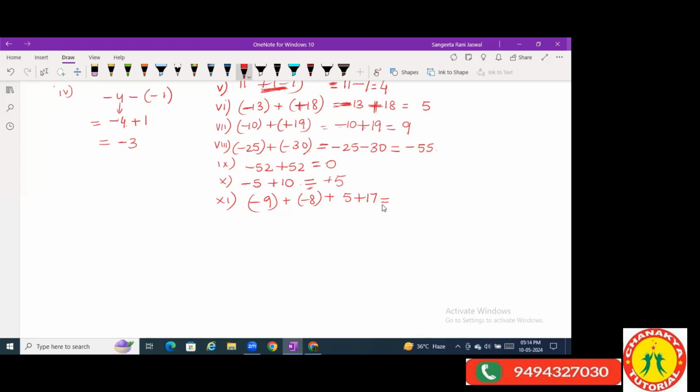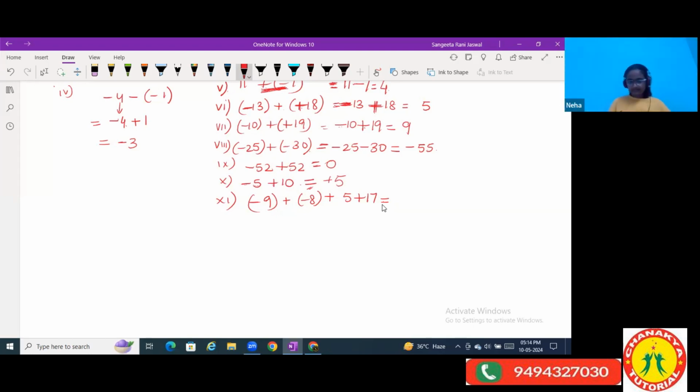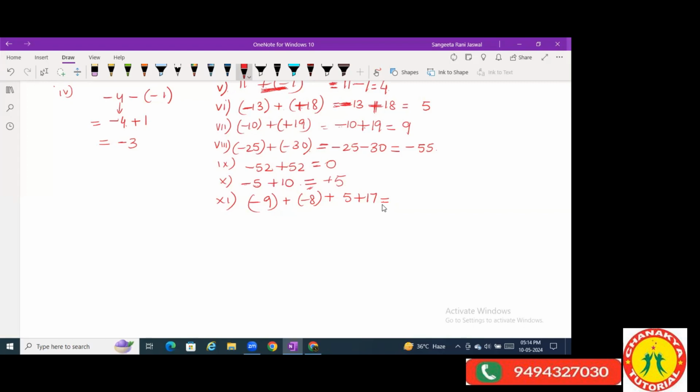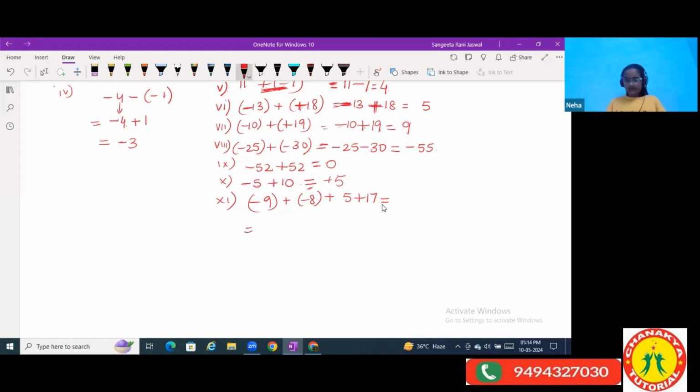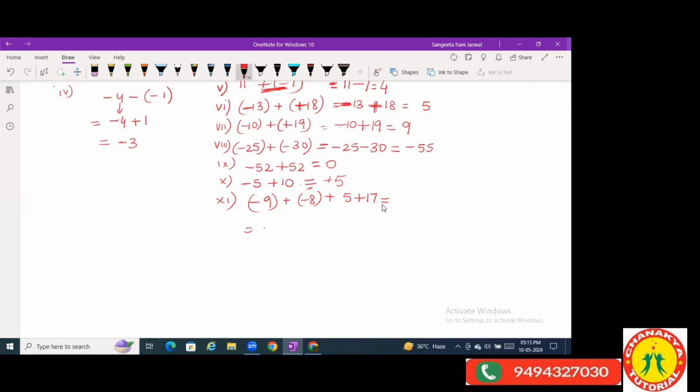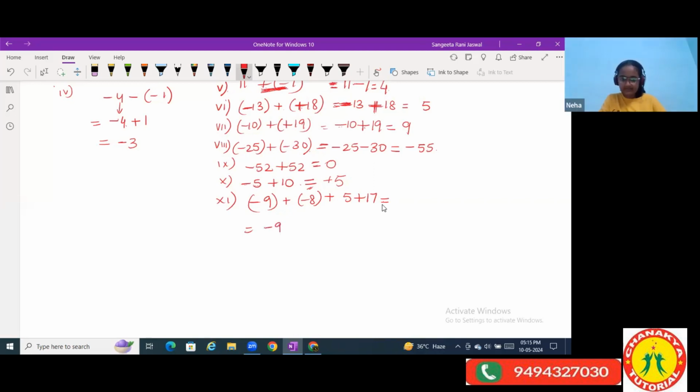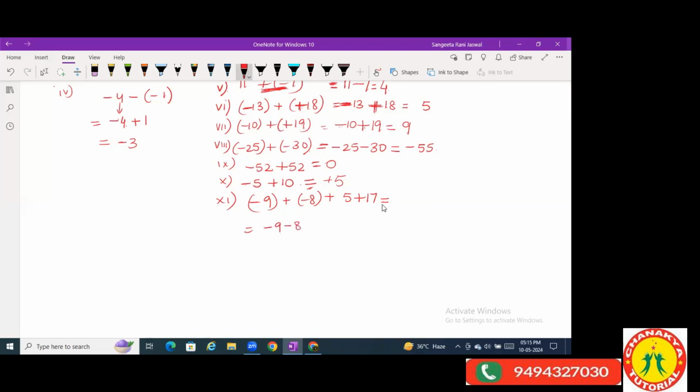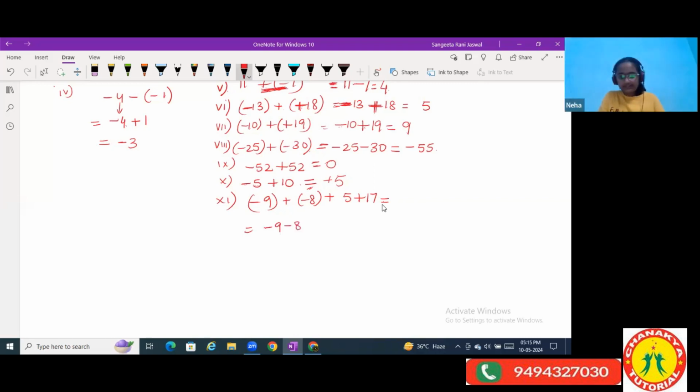Now, Neha, will you tell me this? Yes, ma'am. There are 4 numbers here. So one by one we'll do. There are two different signs, so we'll do subtraction. First, what should I write? Minus 9, minus 8.